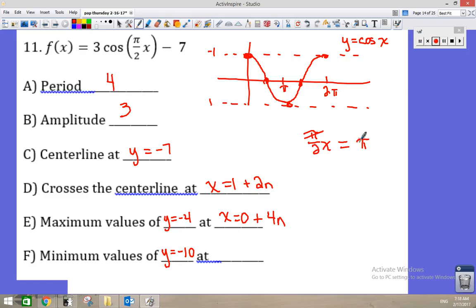So the pi's cancel, and if I multiply by 2, if x is equal to 2, then if you plug in x equals 2, you'll be taking the cosine of pi, which is negative 1, and then you'll get the negative 10. So x is 2, and the next time that this min occurs is a full cycle away. The length of the period is 4, and any integer multiple of 4.